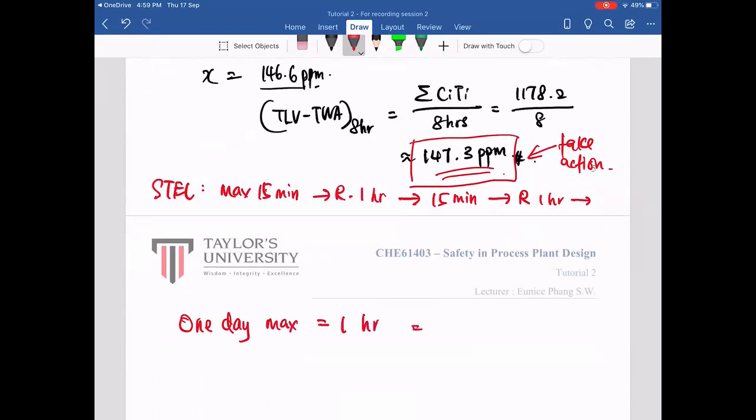So meaning you can have 4 times of 15 minutes interval.